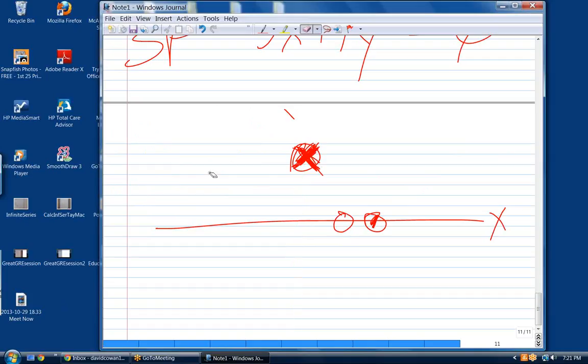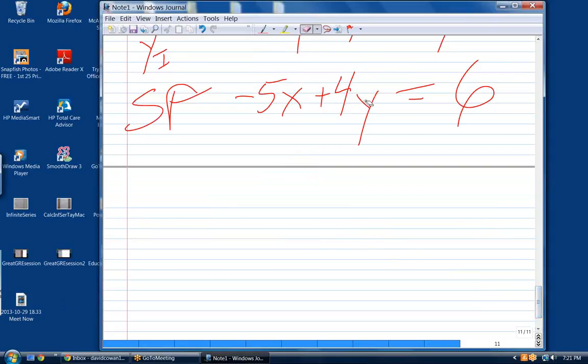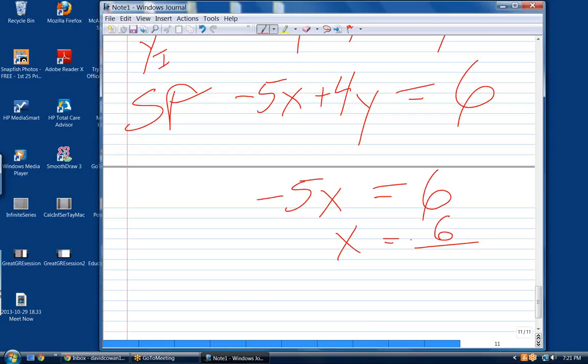To find the x-intercept, all we do is make y 0. Makes it real easy. So minus 5x plus 0 equals 6, so the x-intercept is negative 6 over 5.